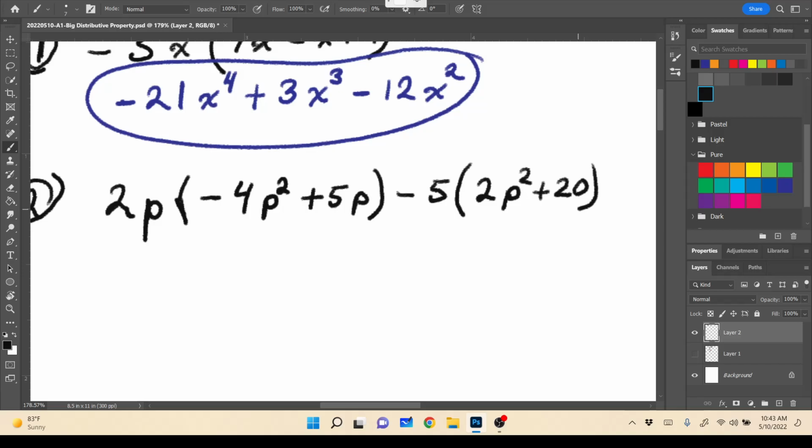So we distribute the negative. Well, we have to take away the parentheses, right? So you distribute both. We distribute them, which will take away the parentheses.